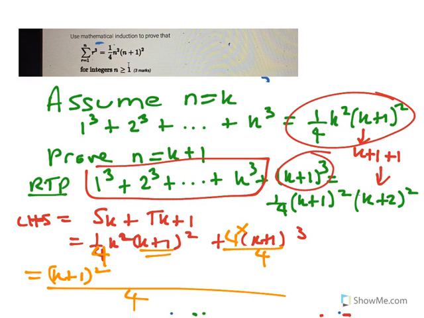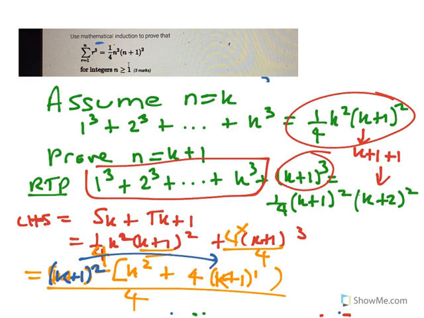If you take out a common factor of k plus 1 squared, you'll be left with k squared, plus 4 from the common denominator, times k plus 1 to the 1, because we took out a k plus 1 squared. So k plus 1 times k plus 1 gives you k plus 1 cubed.